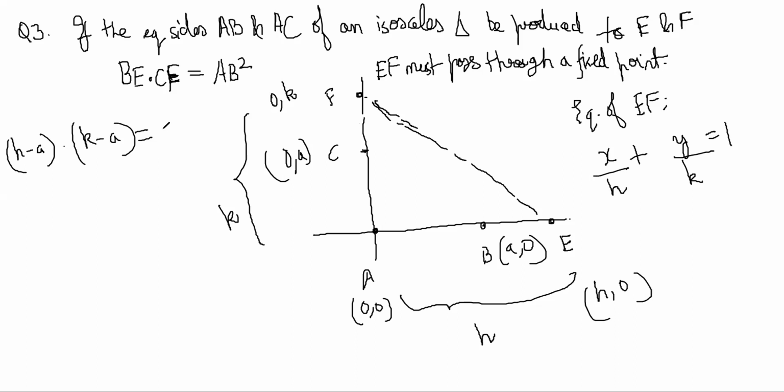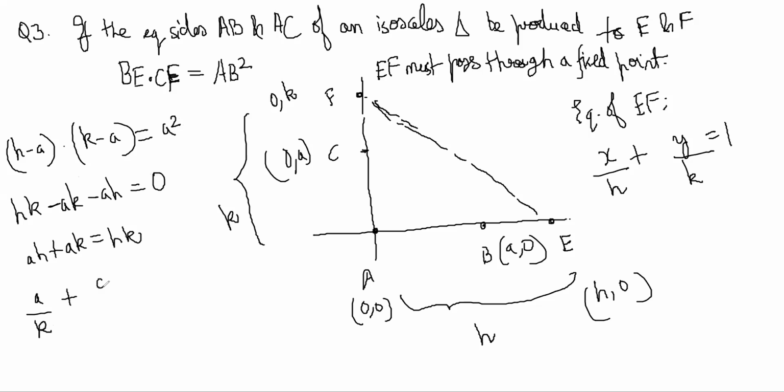AB square is a square, correct? So what are we getting? We are getting hk minus ak minus ah is equal to 0, right? So ah plus ak is equal to hk, right? So we get a by k plus a by h is equal to 1, right?